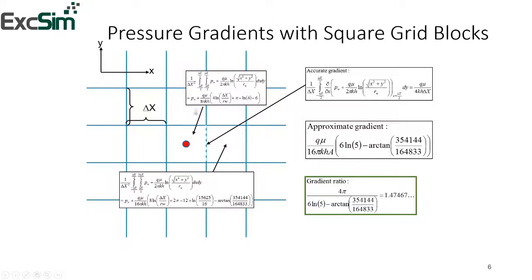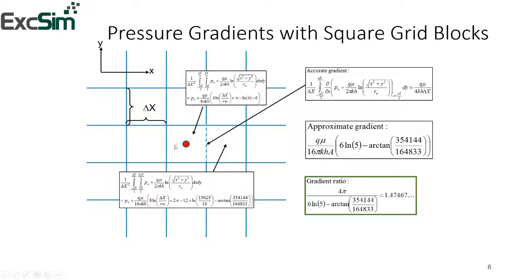So here's the calculation. I'm not going to spend too much time on this. If you want to look at the equations, you can stop the video and zoom in. What I'm showing here is, and I'm using square grid blocks, both sides are delta x, just for the record.